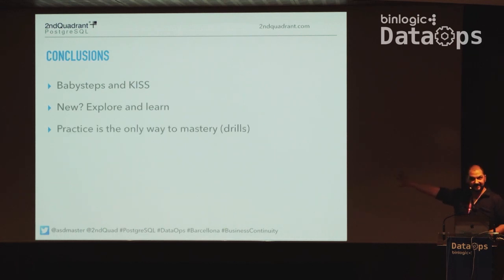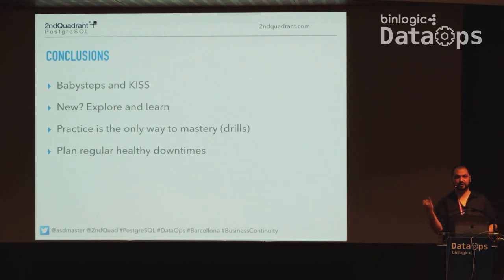As I said, practice is the only way to achieve mastery, okay? So regularly test stuff, okay? Plan regular, healthy downtime. As I showed you, a downtime could be 1 minute for executing a switchover. In our architecture, at 2ndQuadrant, we execute switchovers at least once a week, okay? And usually people do not even notice that, okay?